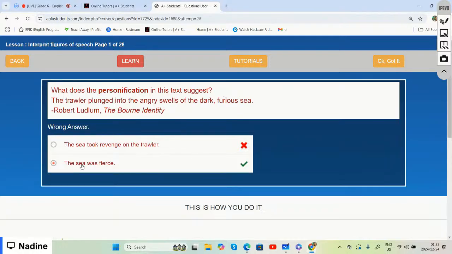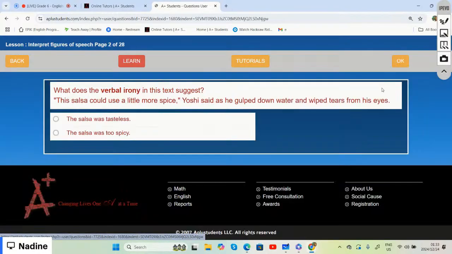Oh, sorry. It is actually the sea was fierce. I apologize, it is option two. I took the wrong one.